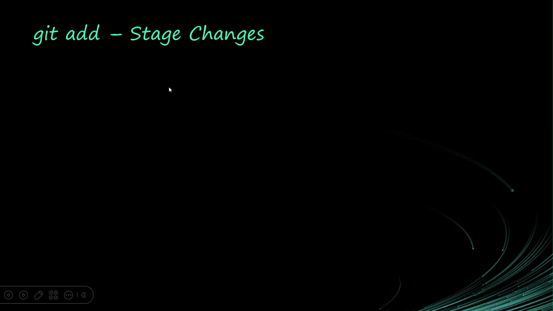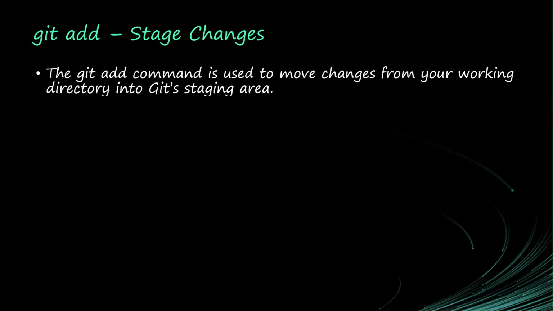So that's what we call staging. Staging it means telling Git, okay, save my changes. The git add command is used to move changes from your working directory into the Git staging area.